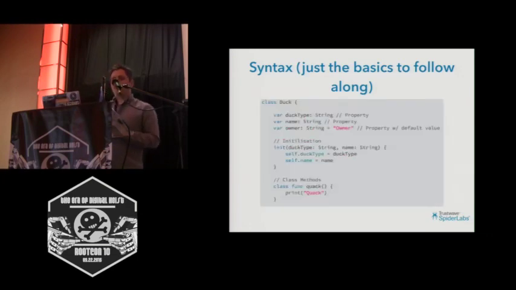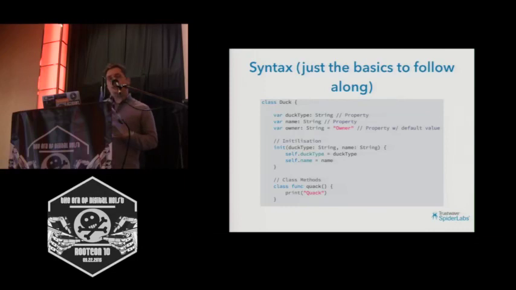So class declarations. The class keyword, pretty straightforward. We've got the duck class, as we do. You've got various properties there: duck type, name, owner. You can see that with all of these we've declared the type, but with the owner one we've actually given it a value, so it's a property with a default value.